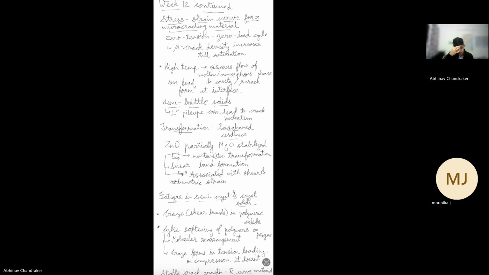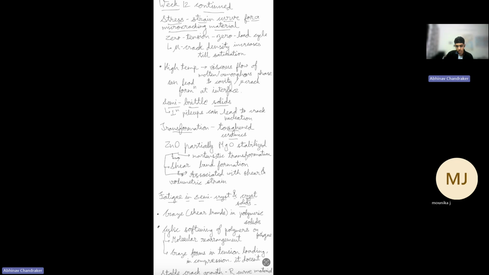And professor has shown how the microcrack density will change as you increase the number of fatigue cycles. So basically what happens is that tension opens up these microcracks and makes formation of new cracks, while compression can close these cracks.